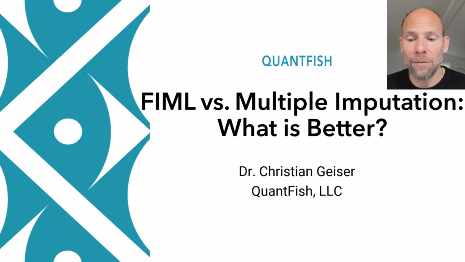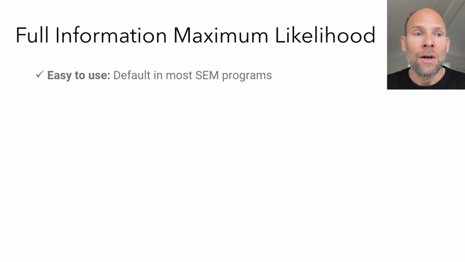So let's begin with full information maximum likelihood, or FIML. What are the key features of FIML when it comes to handling missing data? The first issue here is that it is very easy to use. Full information maximum likelihood is now implemented in most programs for structural equation modeling.